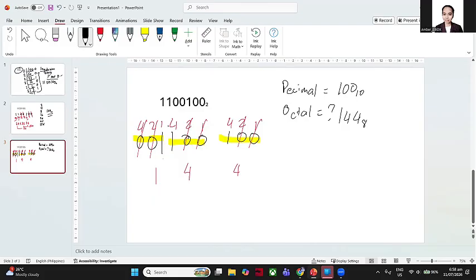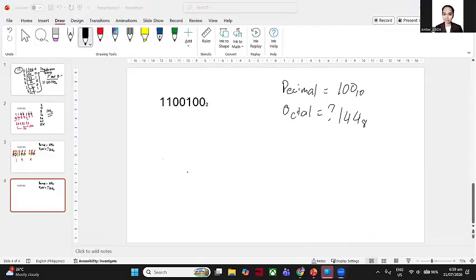So the given one we don't add, the one that we cross out. We don't add the 1 plus 4 plus 4; we just have the whole number. We create our own whole number for our octal. So that's it for our octal. From our octal, we have 144 in base 8.